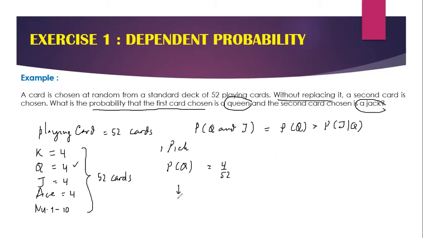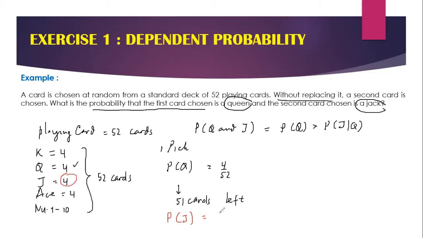We have 51 cards left. Okay, 51 cards left. Right? So the probability of jack, automatically jack is 4.